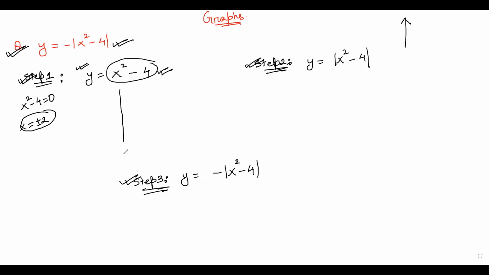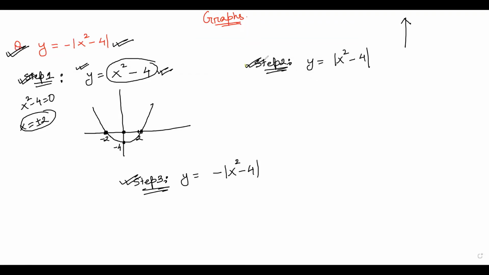So we need to draw an upward parabola whose two roots are minus 2 and plus 2. If we draw it, the graph would be something like this. That is, the graph is attaining its minimum value of minus 4 at x equal to 0 and having the x-intercepts at plus 2 and minus 2.